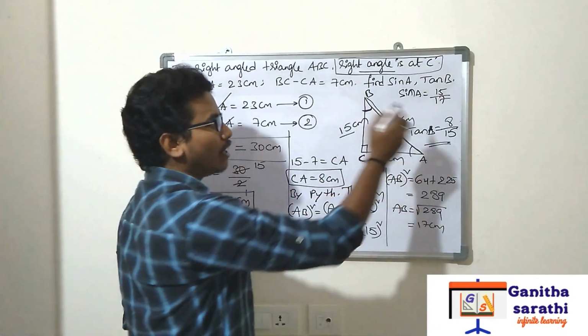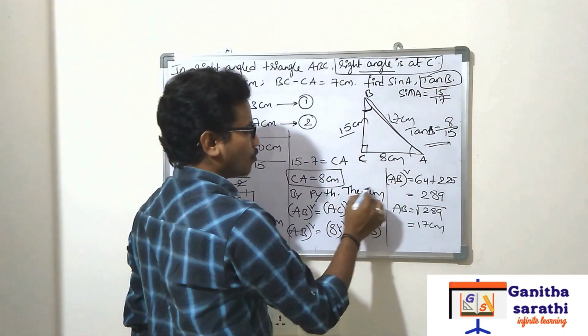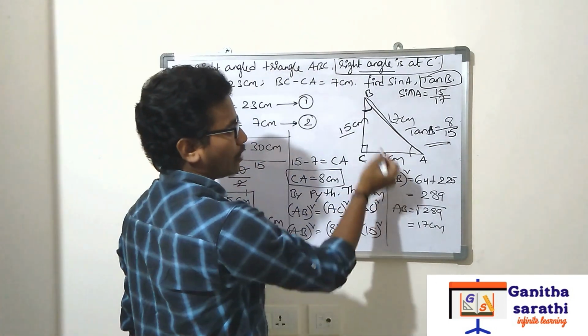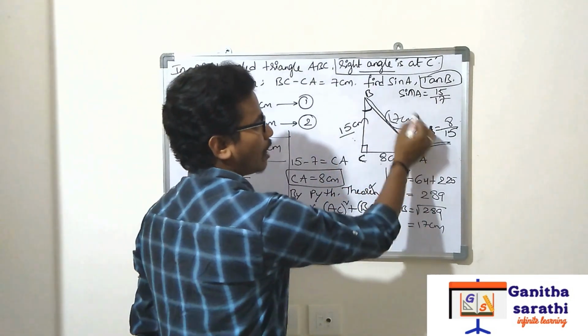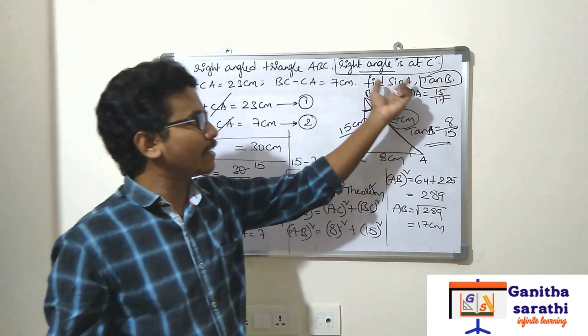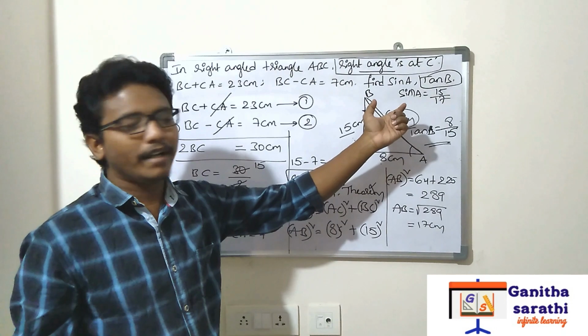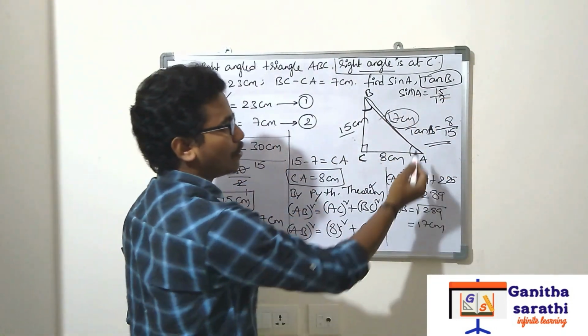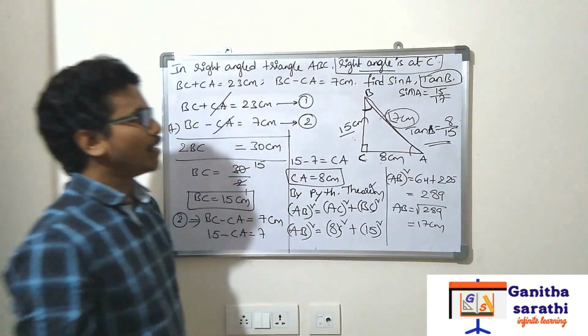If he is asking only tan B, there is no need of Pythagoras theorem; you can directly write it. He is asking sin A, that's why we find the hypotenuse. So the value of sin A is 15 by 17 and the value of tan B is 8 by 15.